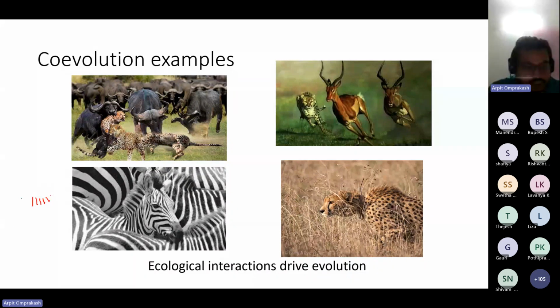And let's say the cheetah is initially approaching, looking at this zebra here. When the cheetah tries to come in and grab the zebra, all of them are scared, all of them are moving. And the cheetah isn't able to track this single individual in this group movement because of the stripes.